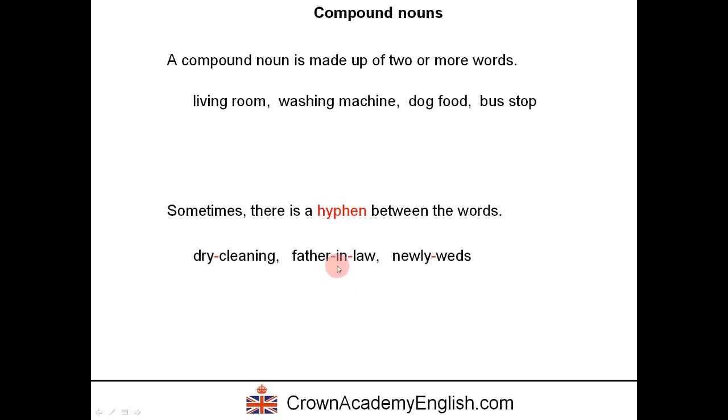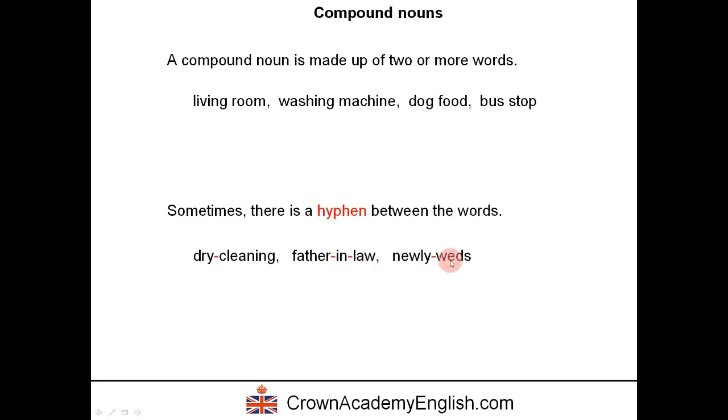This is someone in your family. For example, if I was married, if I had a wife, then the father of my wife would be my father-in-law. Okay? And the mother of my wife would be my mother-in-law.